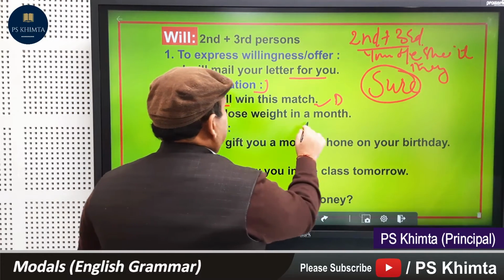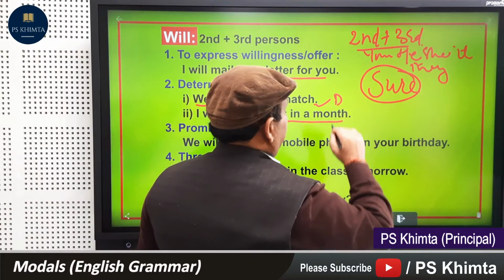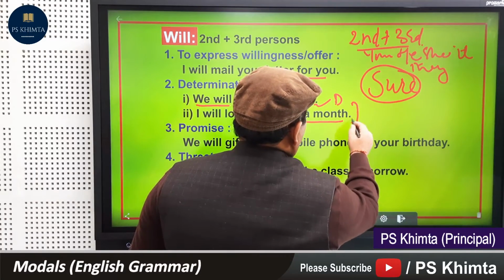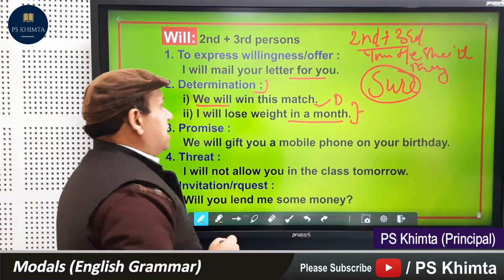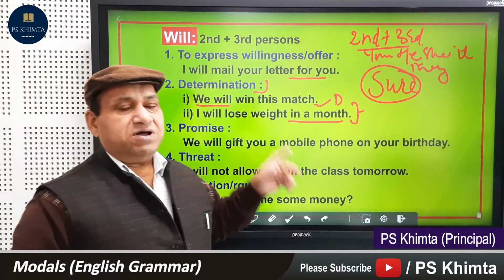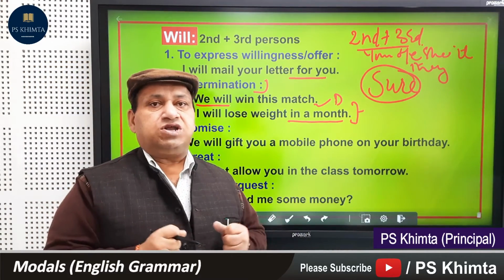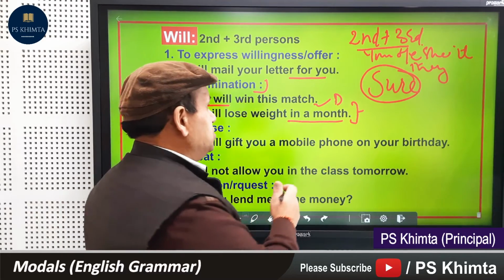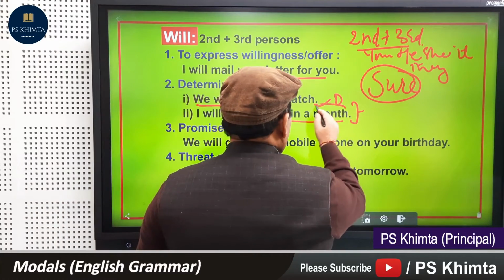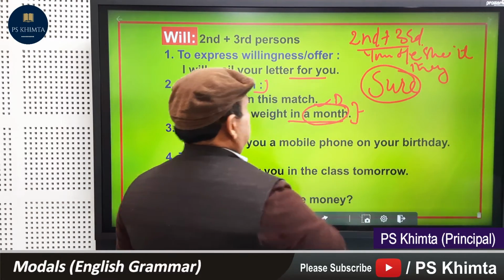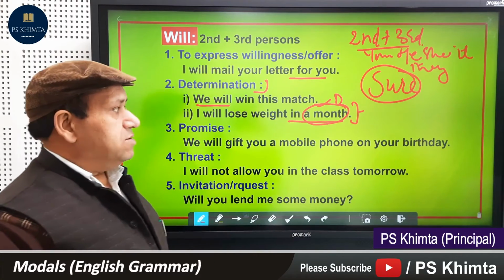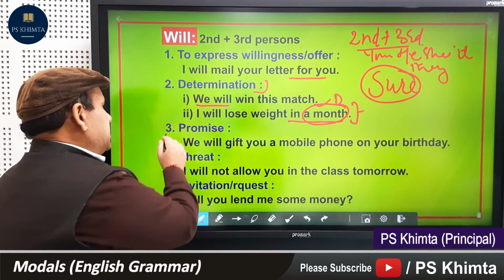I will lose weight in a month. Somebody is overweight, and so he promises that I will lose weight in a month. This is showing a determination. When somebody says in a month, that means he has made up his mind to reduce his weight in a month's time.